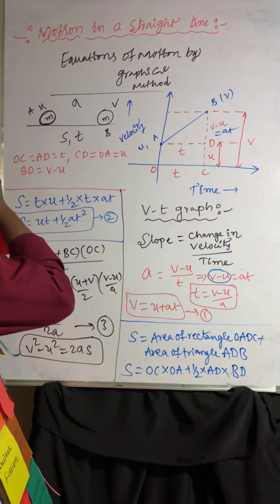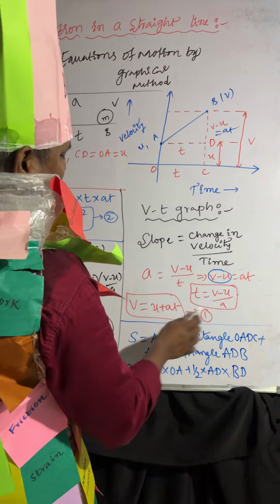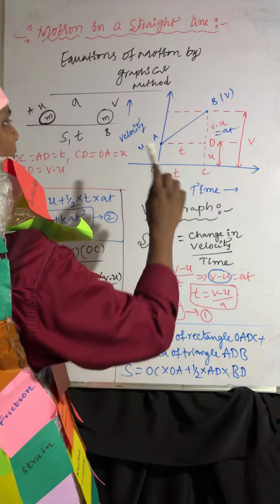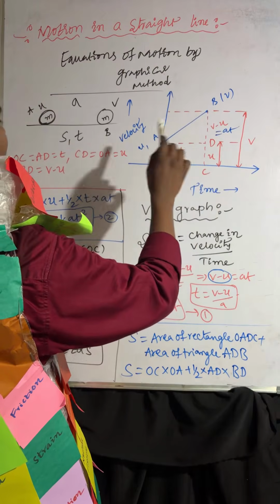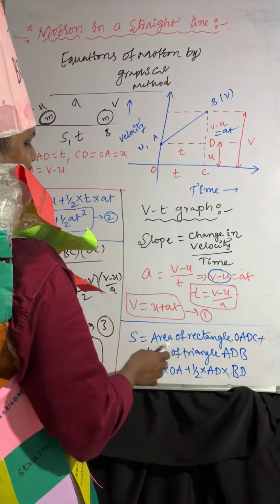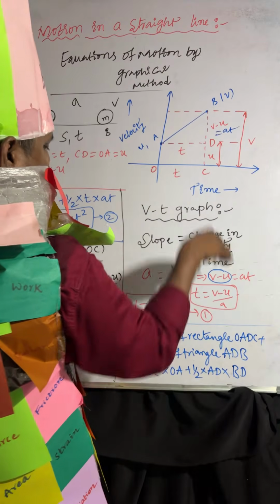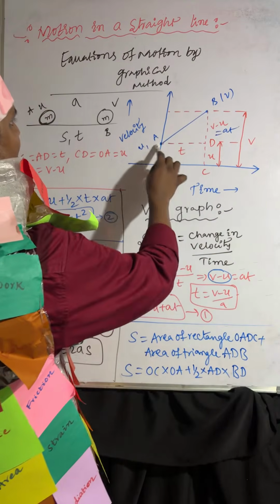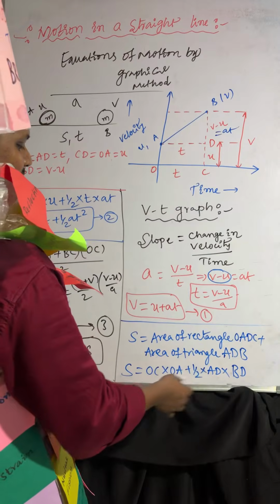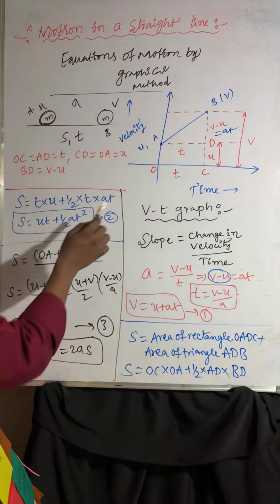So V equal to U plus AT, the first equation. Then for the position and time relation from the same graph, S equal to area of the rectangle OADC plus area of the triangle ADB. Then you get S equal to UT plus half AT square.